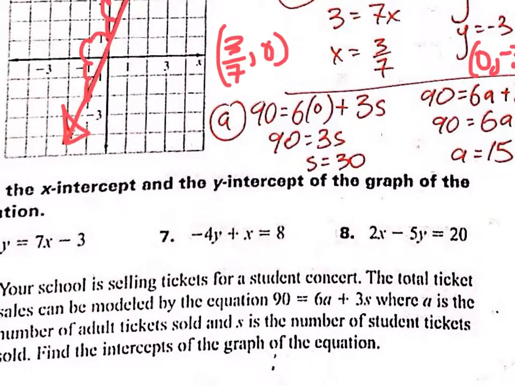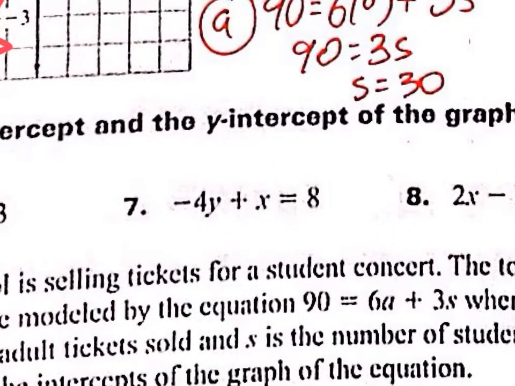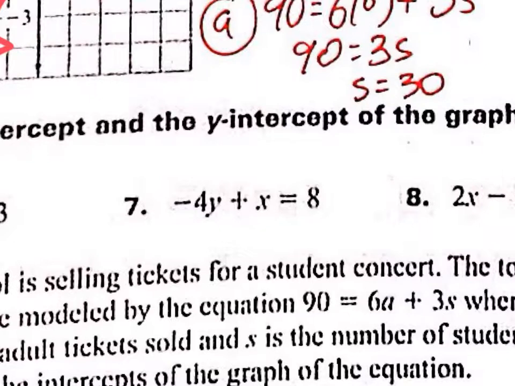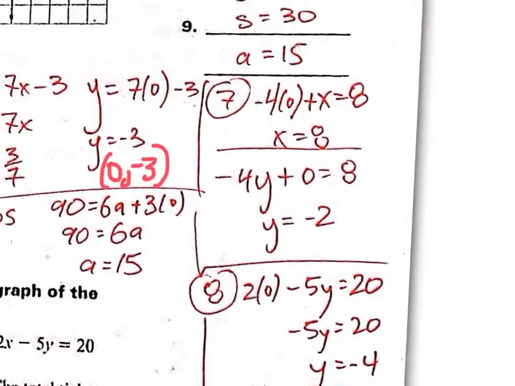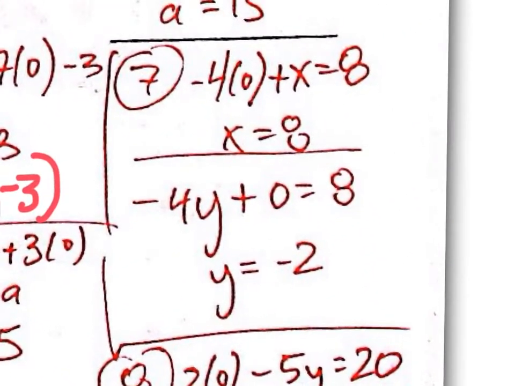Number 7, -4y plus x equals 8. Again, we're going to substitute in 0 and solve for x, and substitute in 0 and solve for y. Substituting in 0 for y, we get x equals 8. Substituting in 0 for x, we get y equals negative 2.